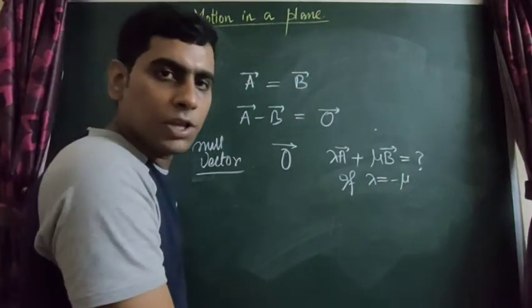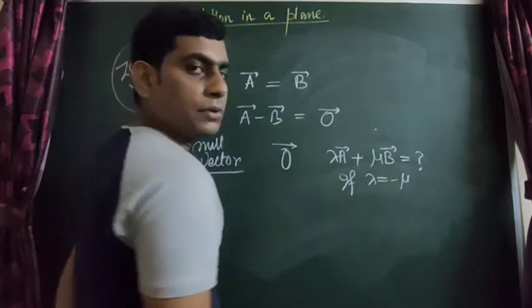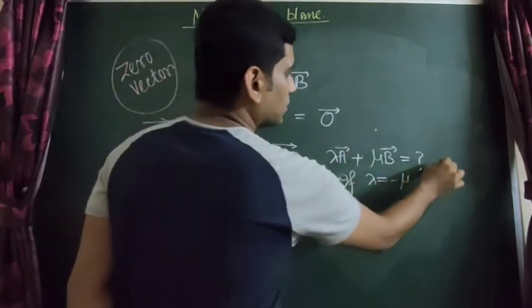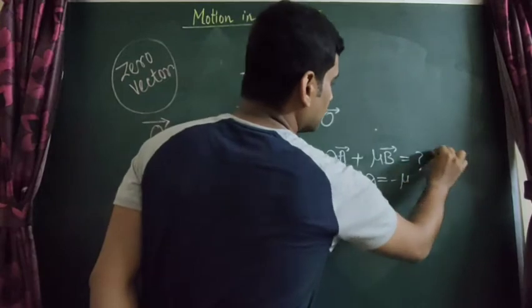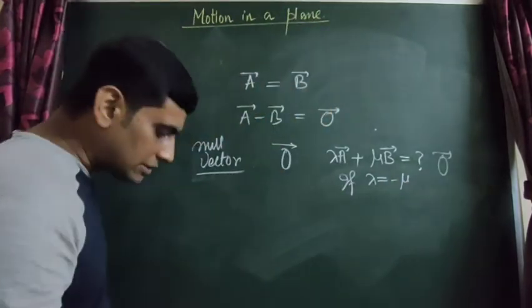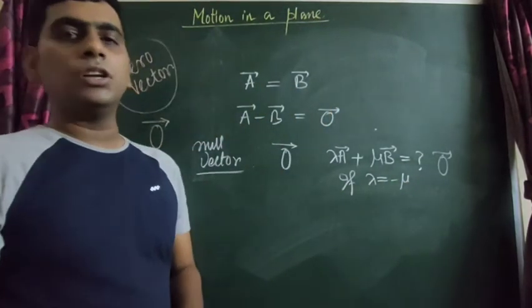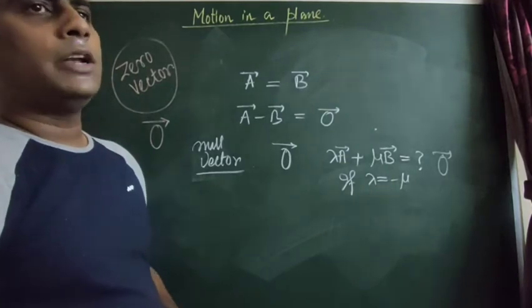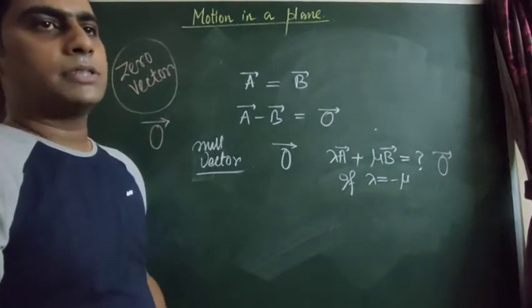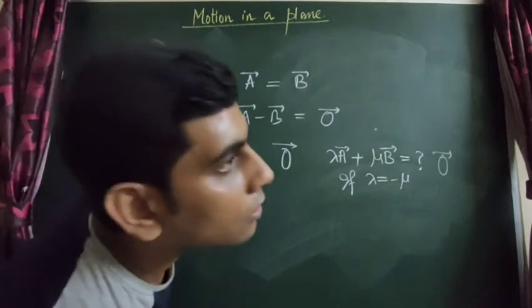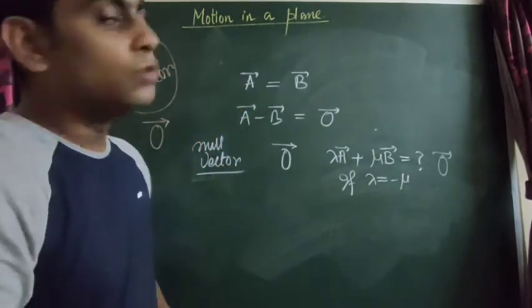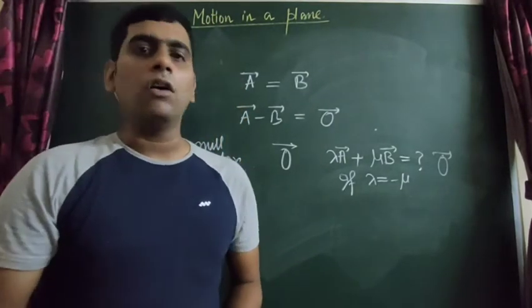The answer is a zero vector. So the concept of the zero vector is very important in our discussion. Though it's not a proper vector, it is still very important to know about the null vector or the zero vector.